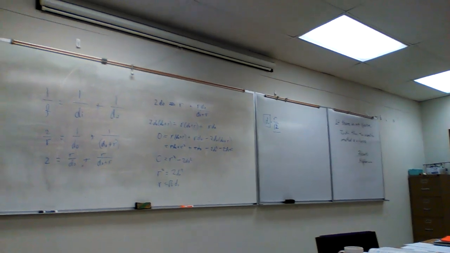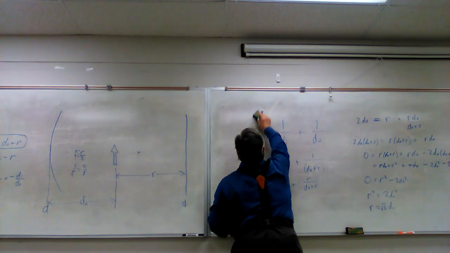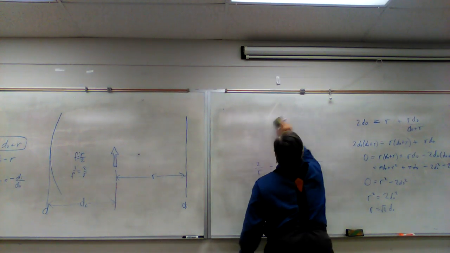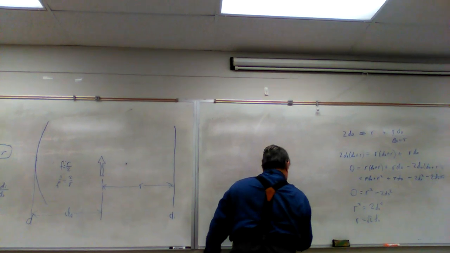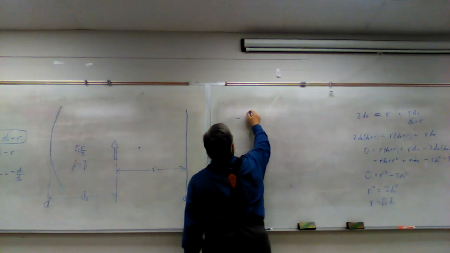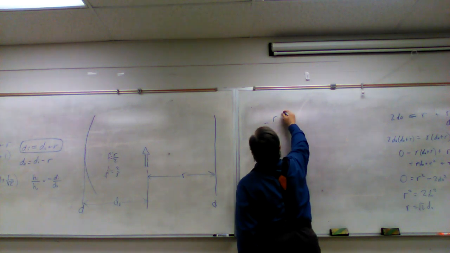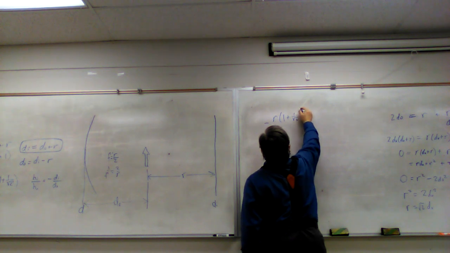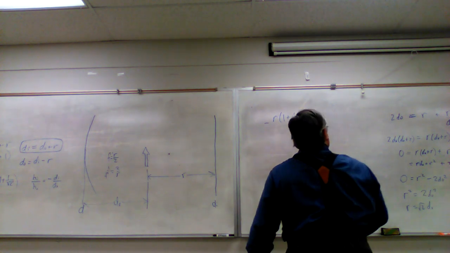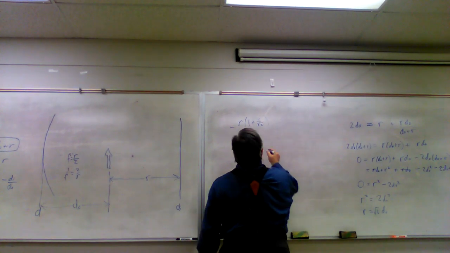Now, in this case, d sub I is r times 1 plus 1 over the square root of 2, and d sub o is just r over the square root of 2.